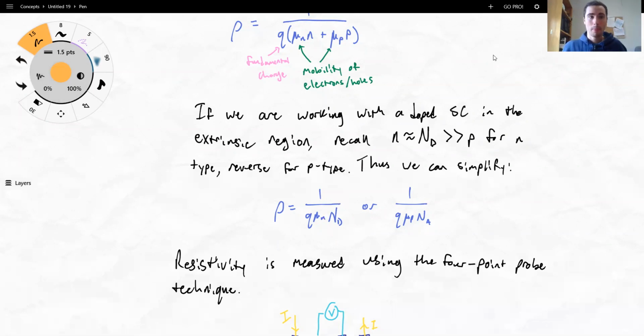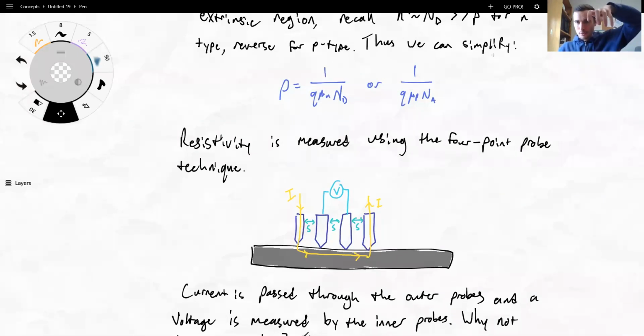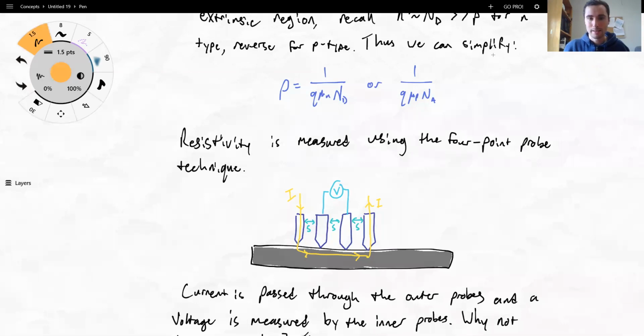So the way that you actually do this measurement is using something called the 4-point probe technique. It's exactly what it sounds like. What you do is you take literally 4 probes that are equally spaced. So they have this spacing S here. They're all evenly spaced. And you just make contact with the top of a semiconducting material here.